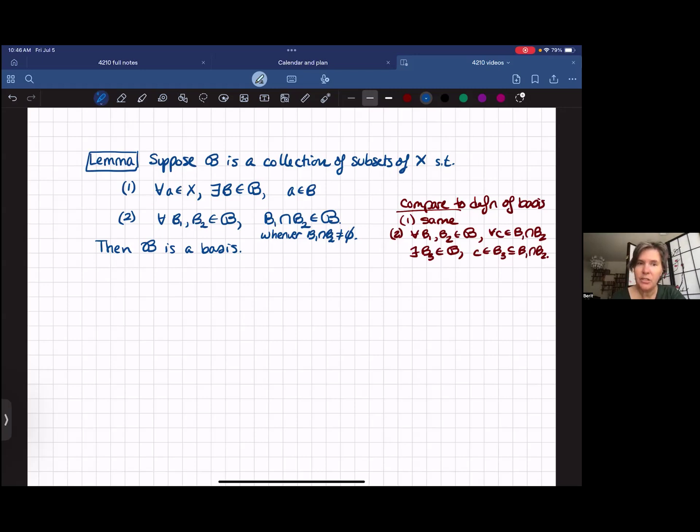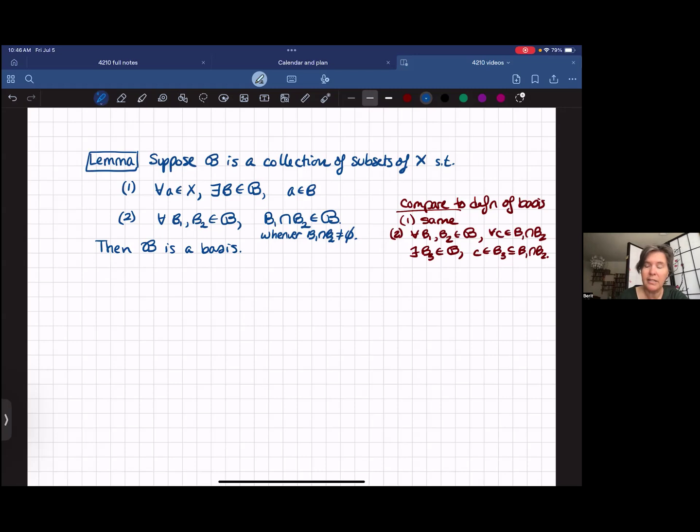So for some possible bases that you might look at, you might be able to prove this second statement from the lemma, and that's a little easier to prove than the actual definition. And what this lemma says is that if you can prove this second statement, that's sufficient. That tells you you have a basis.